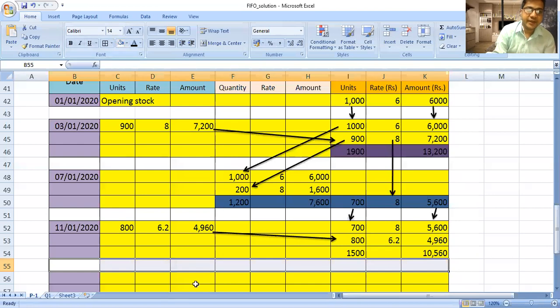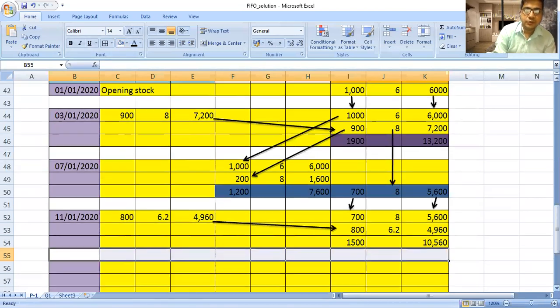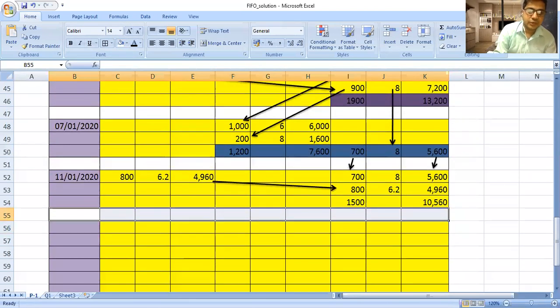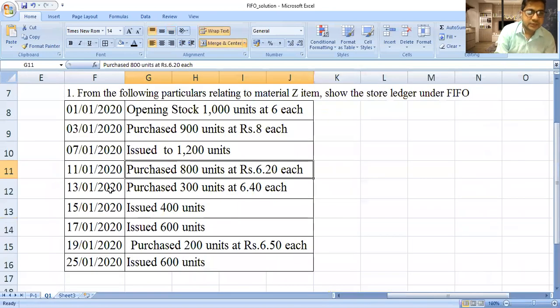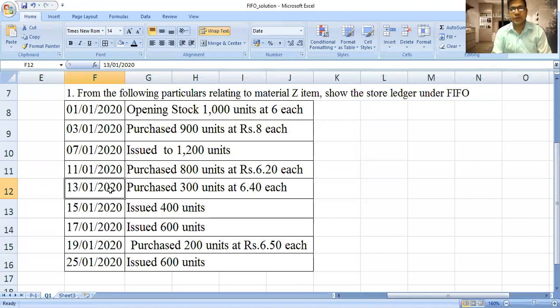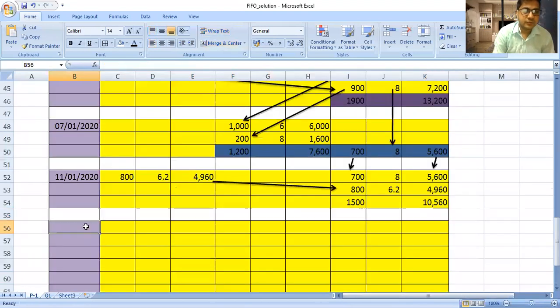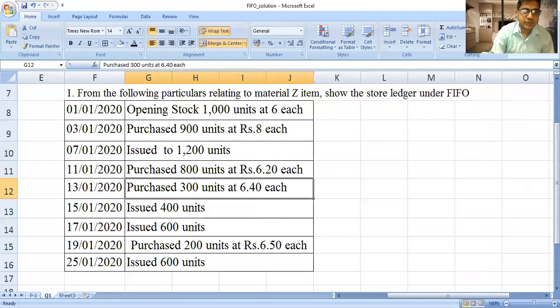After recording 11 January's purchase units, now we have to discuss 13 January. Again, 300 units were purchased at the rate of 6.40. So we will record this transaction in this particular column, 13 January 2020. How many units purchased? 300.